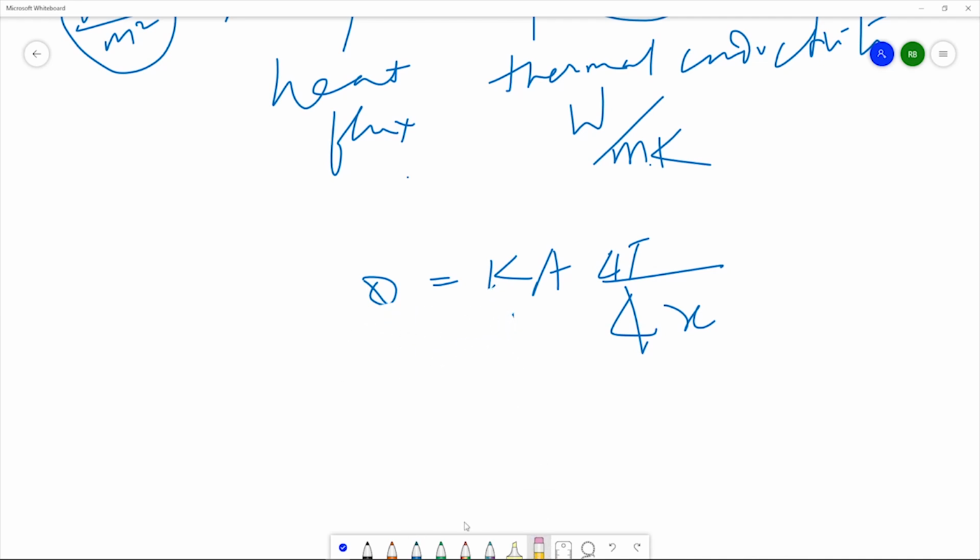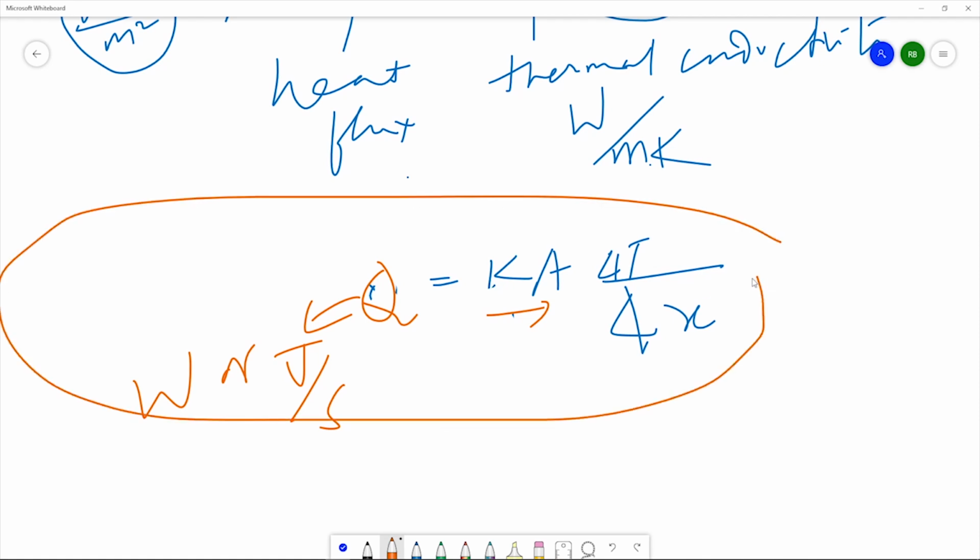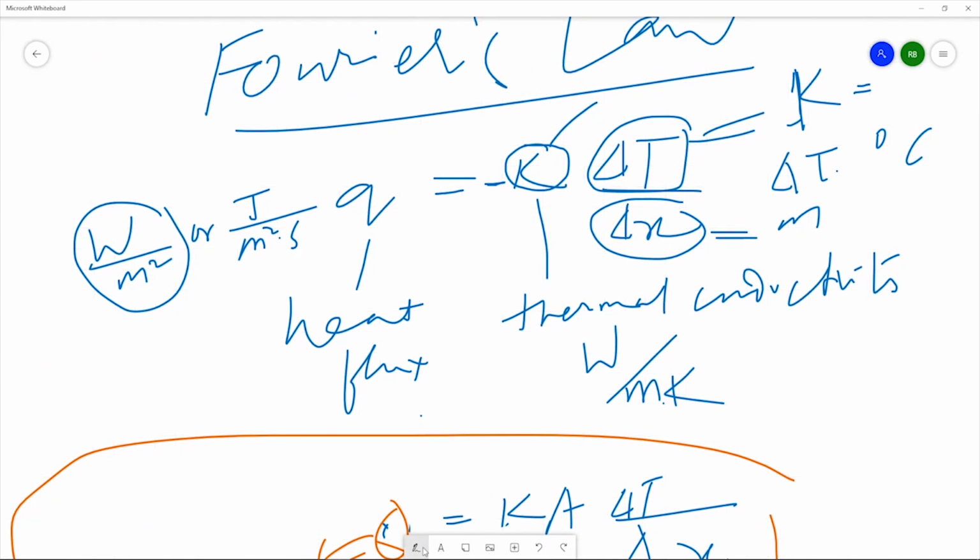That means this Q is nothing but the heat rate, so it is joule per second, or watt. It is no more a heat flux. This is the heat rate, because you have multiplied by the area. Same form. So when we say heat flux, you have to use this one. When you want to find heat rate, then you can use this one.